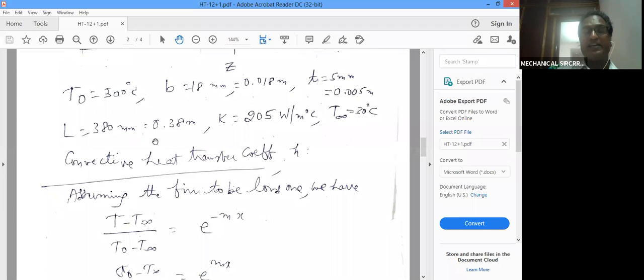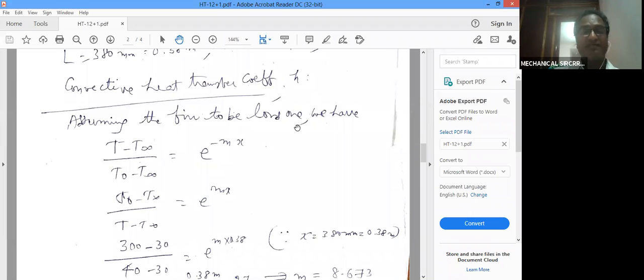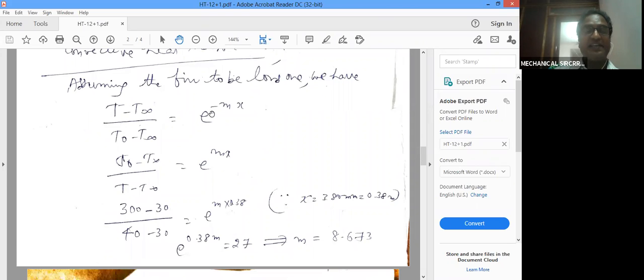So what is the value of the convective heat transfer coefficient H? That is a very important problem. Assuming the fin is a long one, an infinite fin, we have the temperature distribution equation: T minus T free stream divided by T0 minus T free stream is equal to e power minus mx.